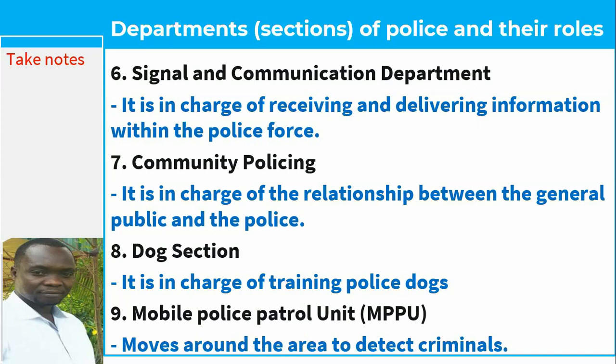If it is one criminal, take note of that. In English, you will be asked to write one word for a group of the underlined words. So that's why I'm emphasizing this aspect of English so that you master it well. So the mobile police patrol unit moves around the area to detect criminals.